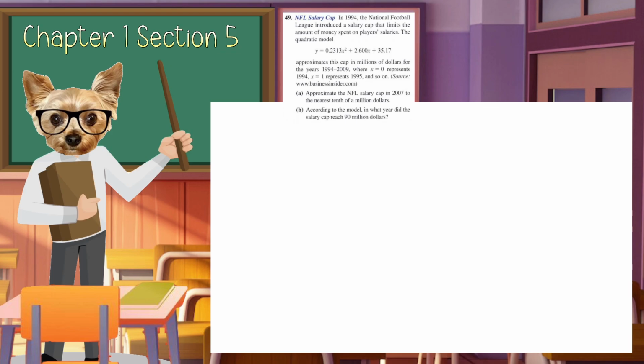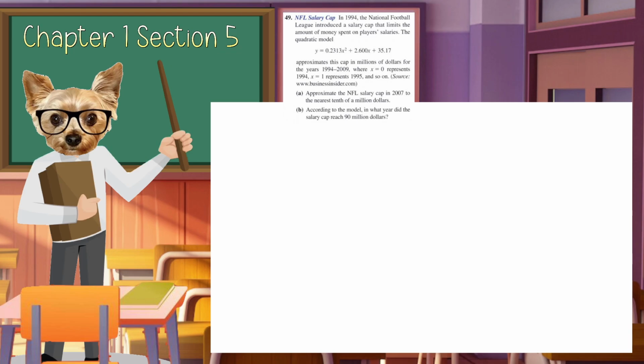NFL salary cap. In 1994, the National Football League introduced a salary cap that limits the amount of money spent on player salaries. The quadratic model y equals 0.2313 x squared plus 2.6 x plus 35.17 approximates the cap in millions of dollars for the years 1994 to 2009, where x equals 0 represents 1994, x equals 1 is 1995, and so on.